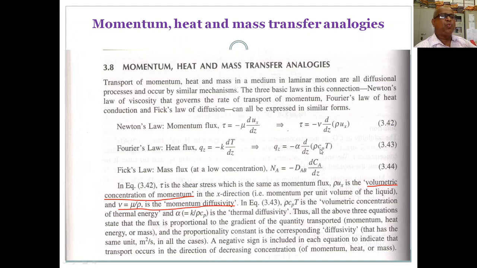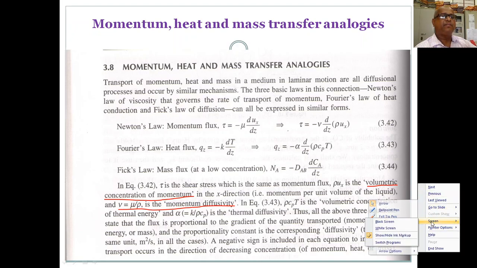So rho Cp into T is mass per unit volume times Cp T, that is the heat content of a particular volume, heat content per unit volume, or volumetric concentration of thermal energy.